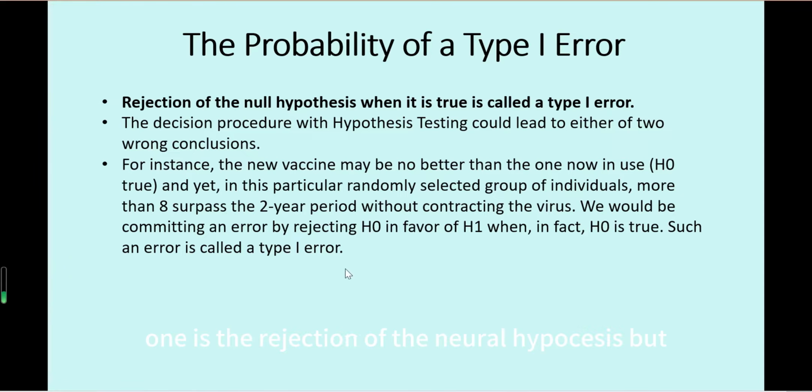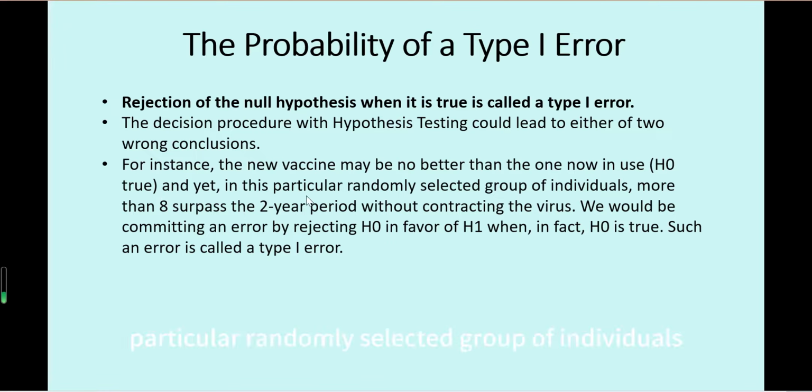One is the rejection of the null hypothesis, but actually the null hypothesis is true. So we make an error in this situation. This is called type 1 error. So for instance, the new vaccine may be no better than the one now in use, and the one now in use, H0, is true.